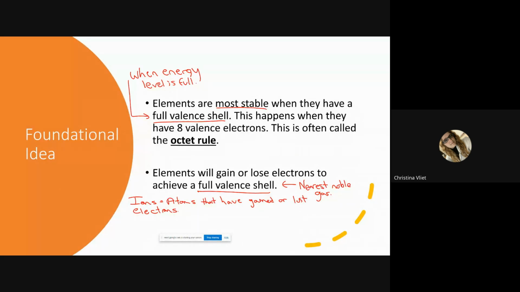All right, so I'm giving you some time to write this down, and then we're going to look at the factors that contribute to this and how we can make our predictions of how ions form.